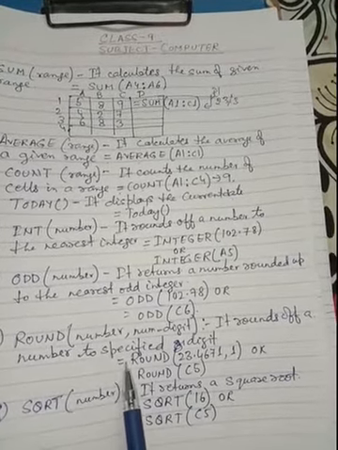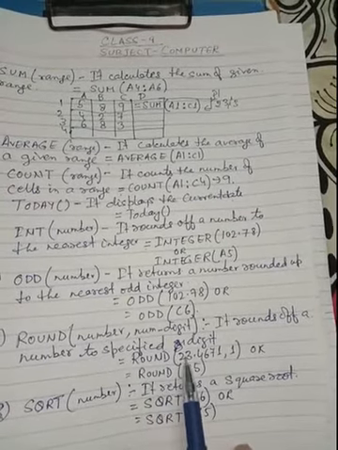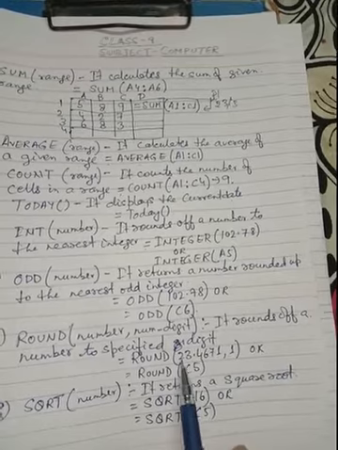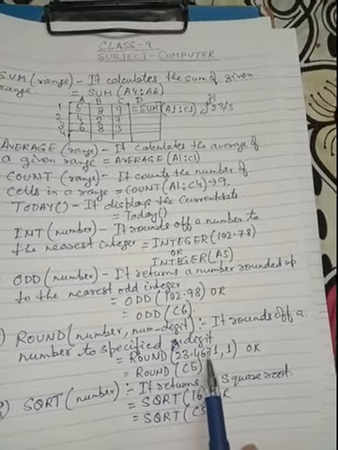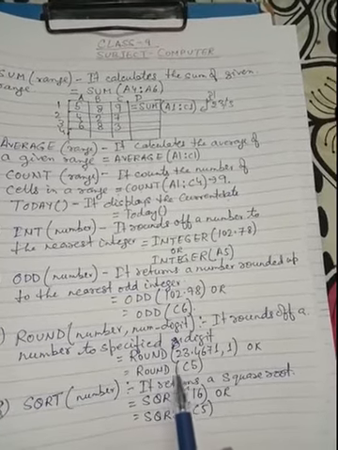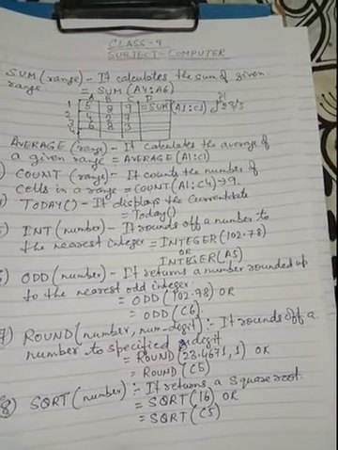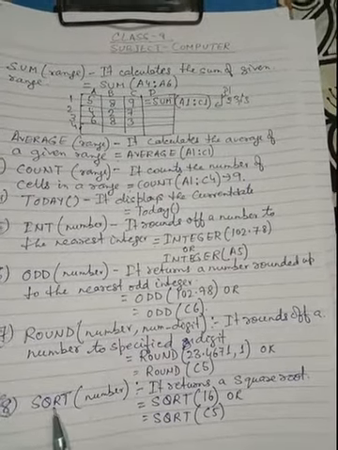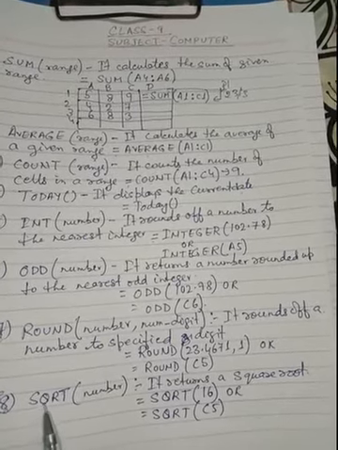Begin with an equal sign, ROUND is the function, this is the first argument, and then the second argument, the number of digits that you want to round off to. Or you can simply write equal to ROUND and then the cell address which contains a value that you want to round off. And the last but not the least in this topic is SQRT.